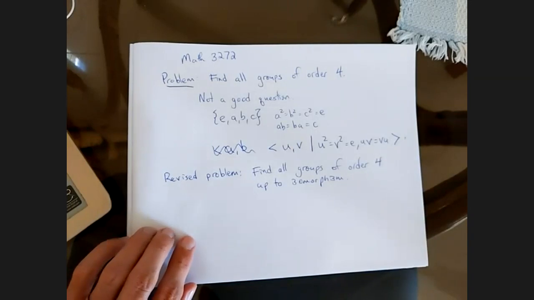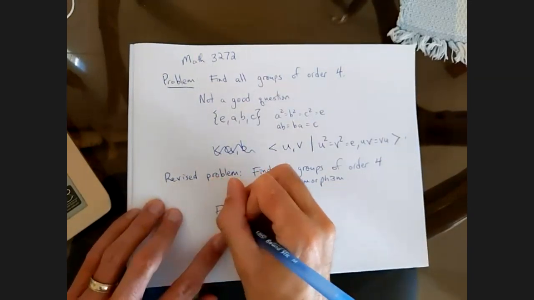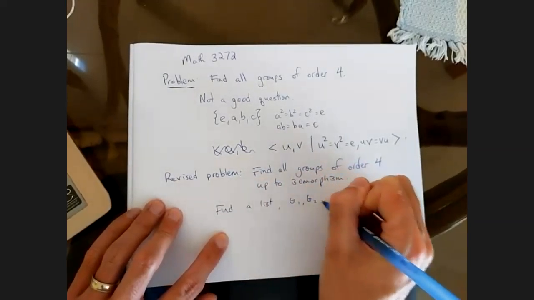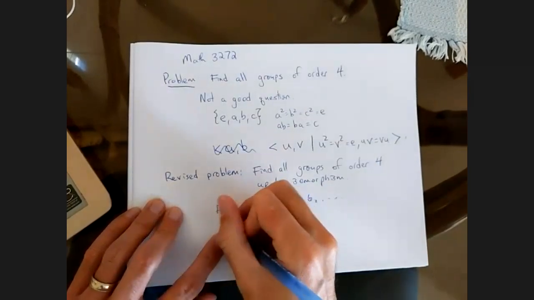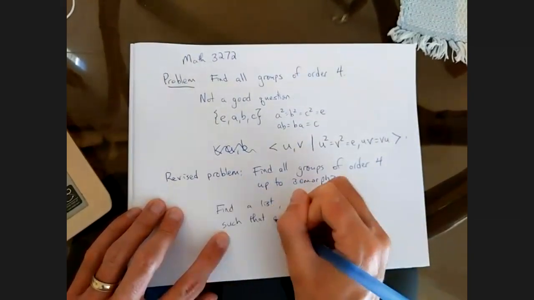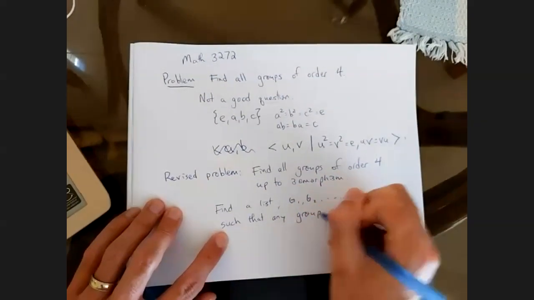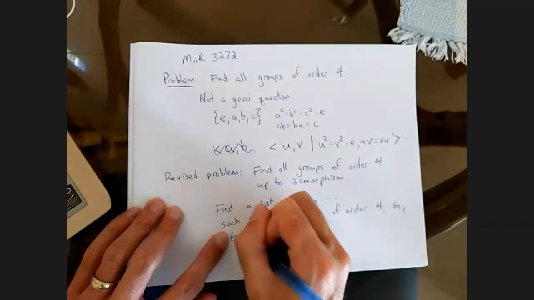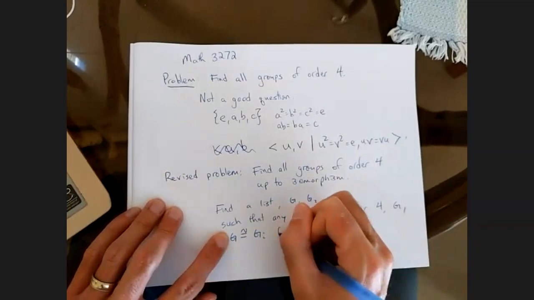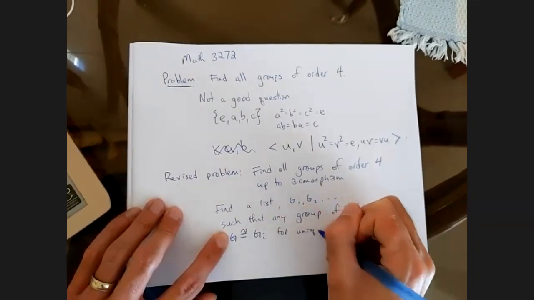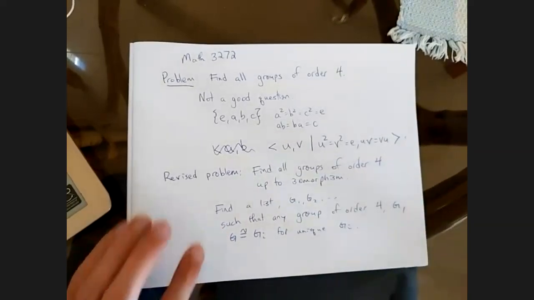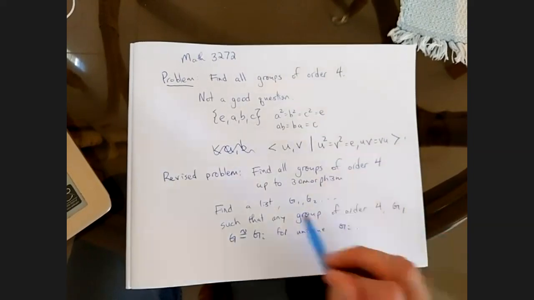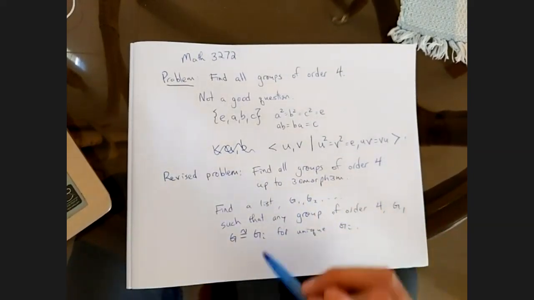Meaning, find a list G1, G2, and so on, such that any group of order 4, say G, satisfies G is isomorphic to Gi for a unique Gi. So find a complete list of groups of order 4 such that any group is isomorphic to something on my list.